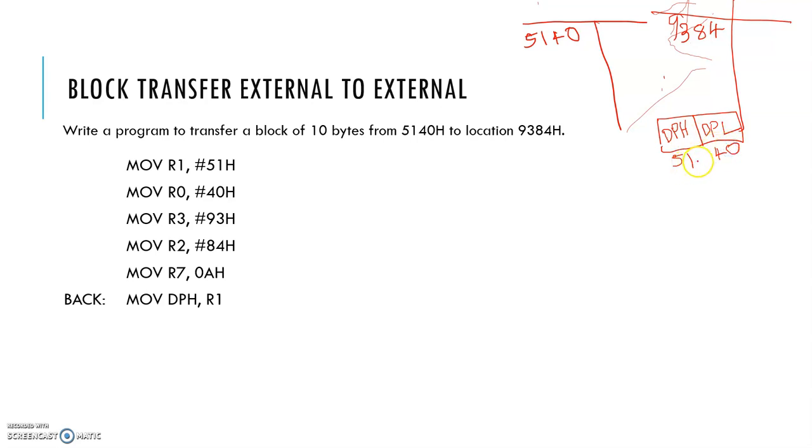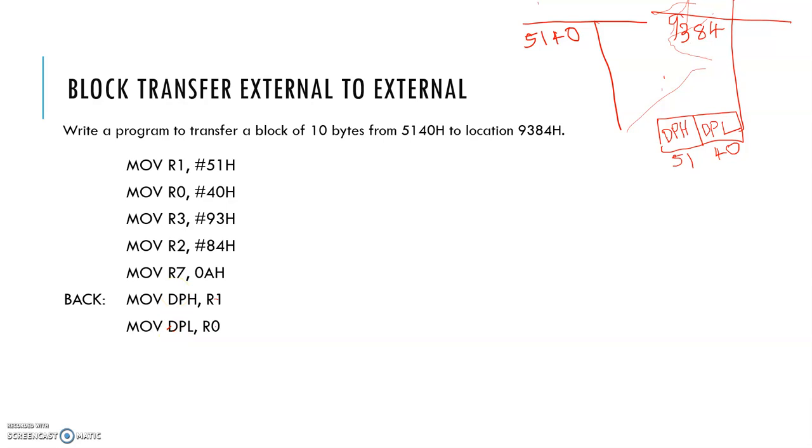The higher bytes are present in the R1 register, so we move R1 to DPH and R0 to DPL. So the source address is now in the DPTR register.